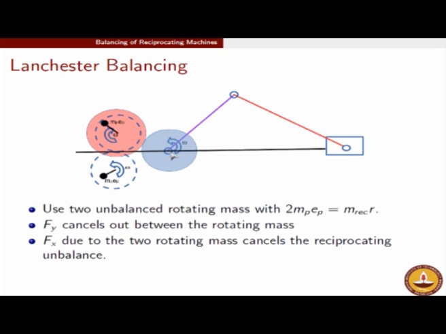So we had to do something to balance this rotating force along x direction, and this is what we do. We put in two unbalances, these two unbalances are mutually cancelling each other along y direction, and along x direction they are exactly equal and opposite to the reciprocating unbalance which is there in the piston. So with this we have attained primary balancing of our system.